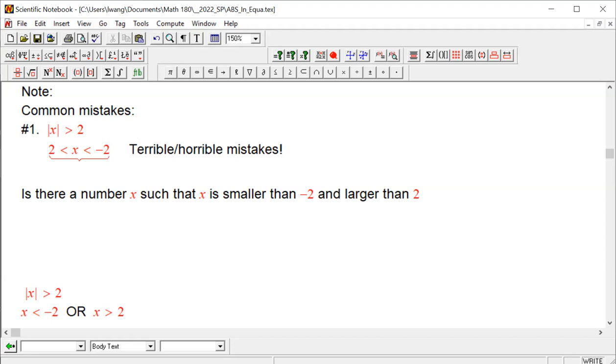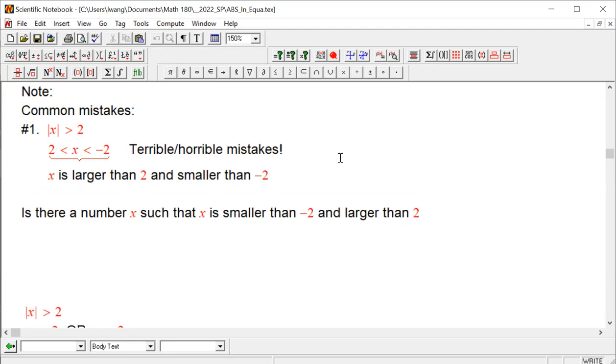So this statement you're telling the reader, this is how your math teacher reads it: x is larger than 2 and smaller than -2. Okay, and the grammar, the syntax of mathematics, that's what it means.